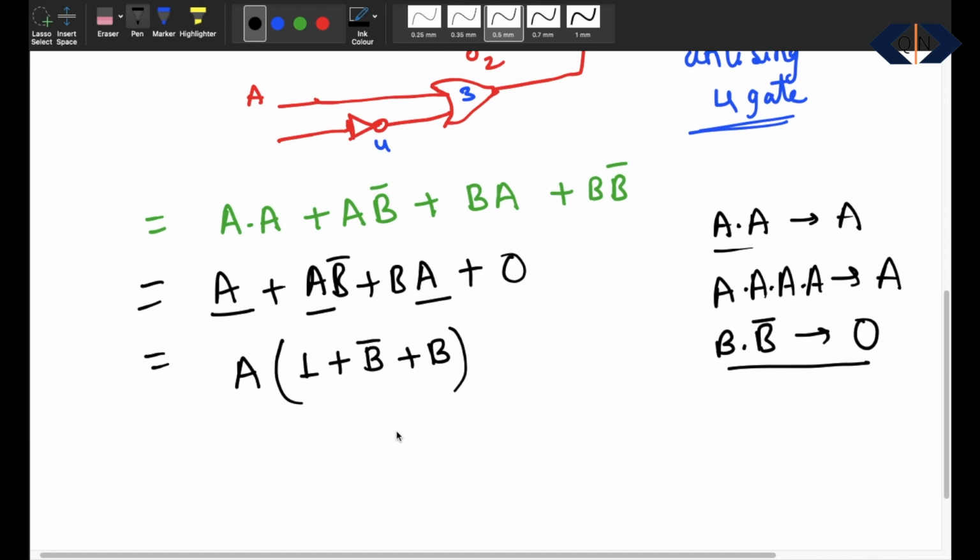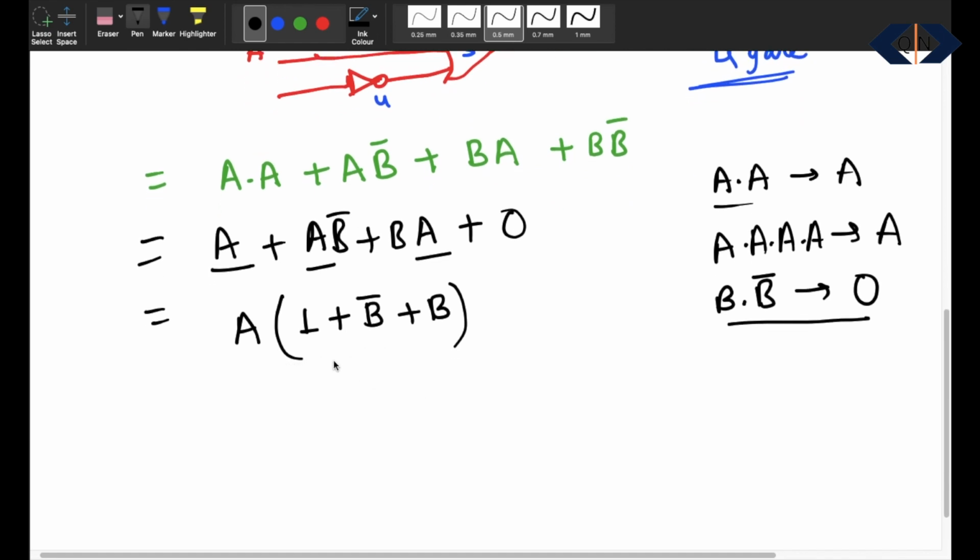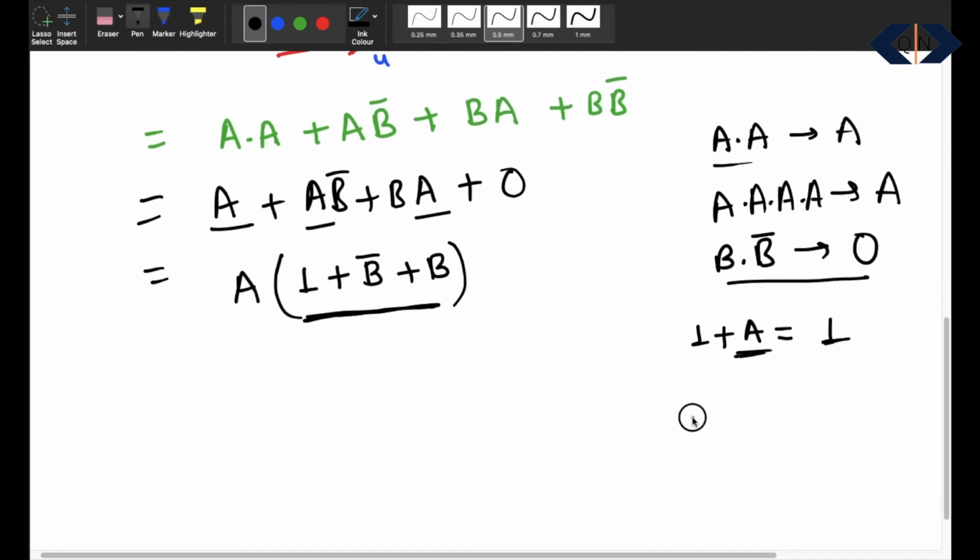Instead we will be utilizing, since you can see this is an OR gate and we know that anything which is attached to an OR gate, if an input is 1, then the resultant output will always be 1. It will be nullifying this thing. So you understand like this.